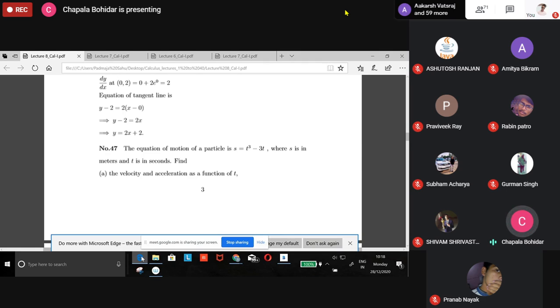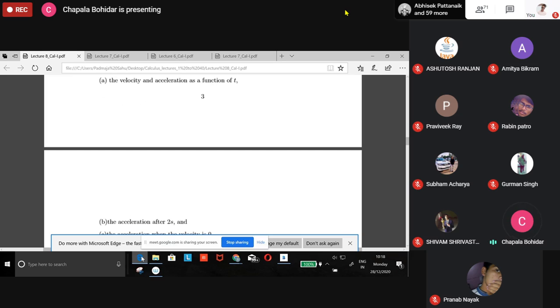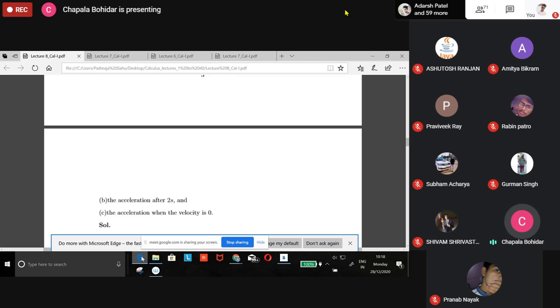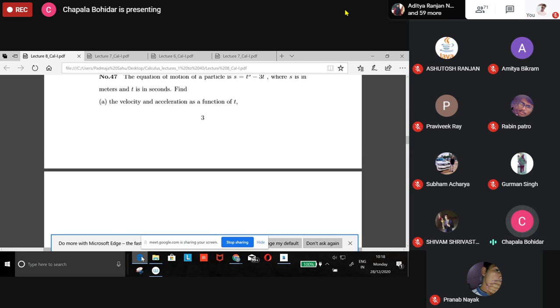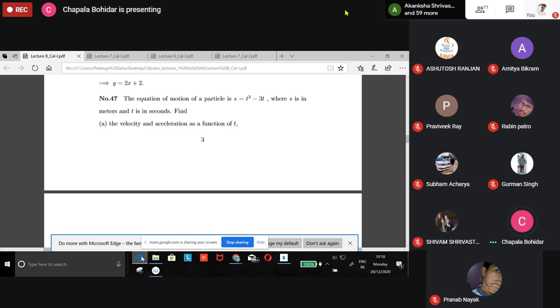And the second bit is the acceleration after 2 seconds. Then we see the acceleration when the velocity is 0. Okay? All of you have written the question? Then we'll discuss.